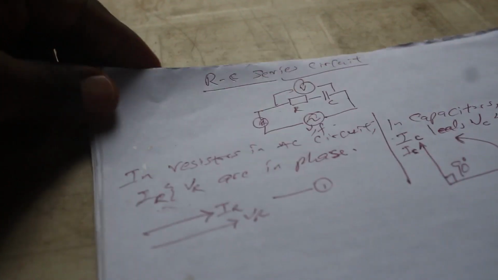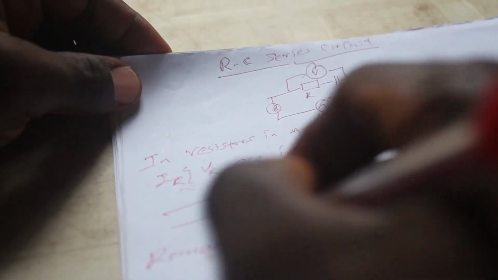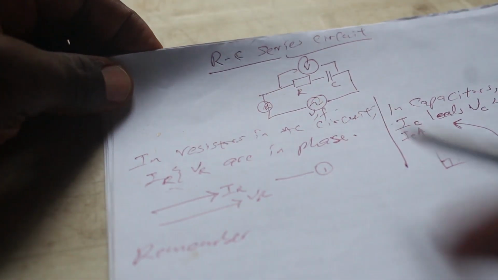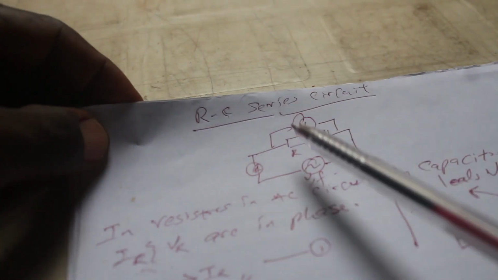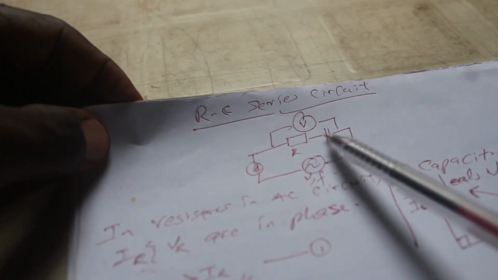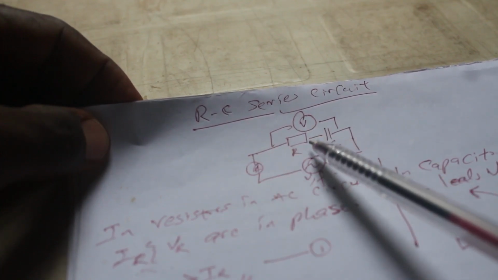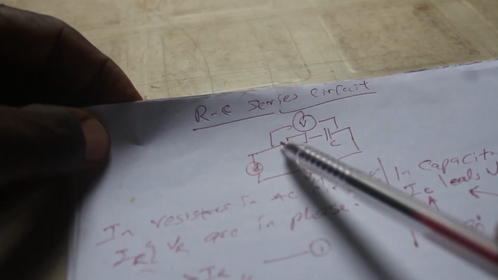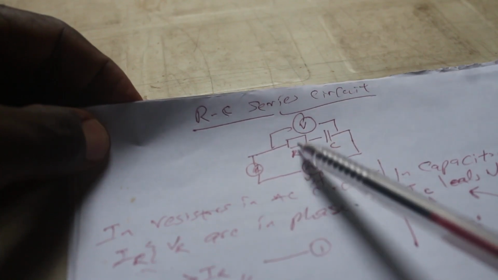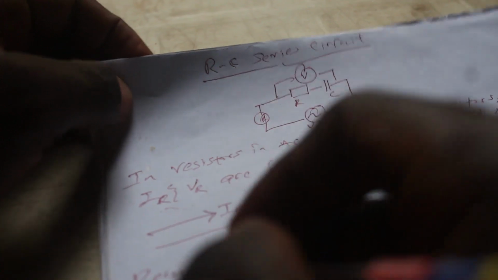Now I want you to remember that experiment has shown that if you have two components connected in series in any circuit at all, be it AC or DC, then you have the same current. The current passing through one will be exactly the same current passing through the other.